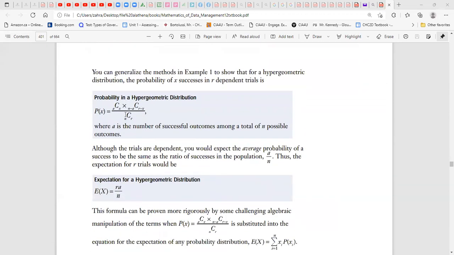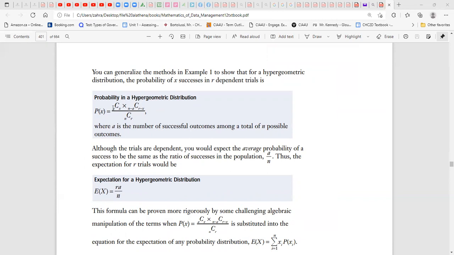Now here's the equation when you have a hypergeometric distribution: C of a choose x, C of N minus a choose r minus x, divided by C of N choose r. A is the number of successful outcomes of the total N possible outcomes.